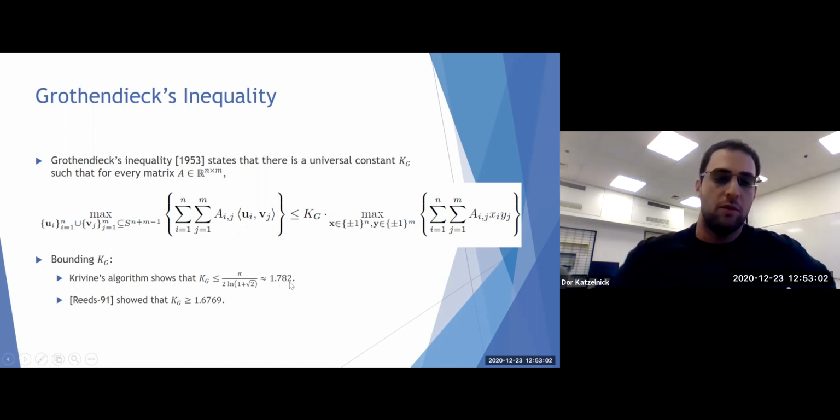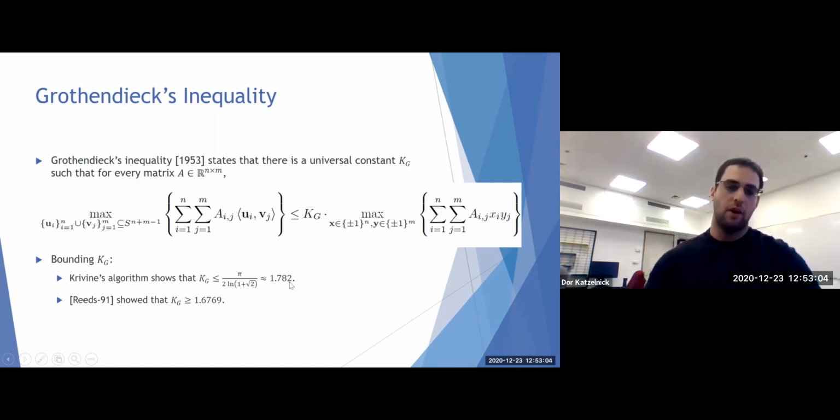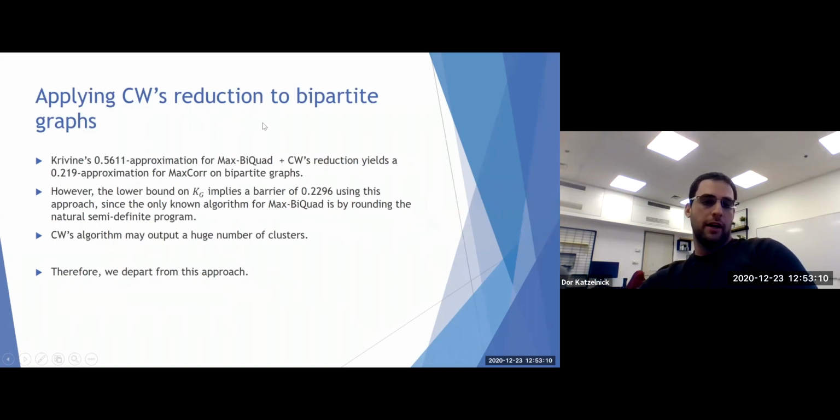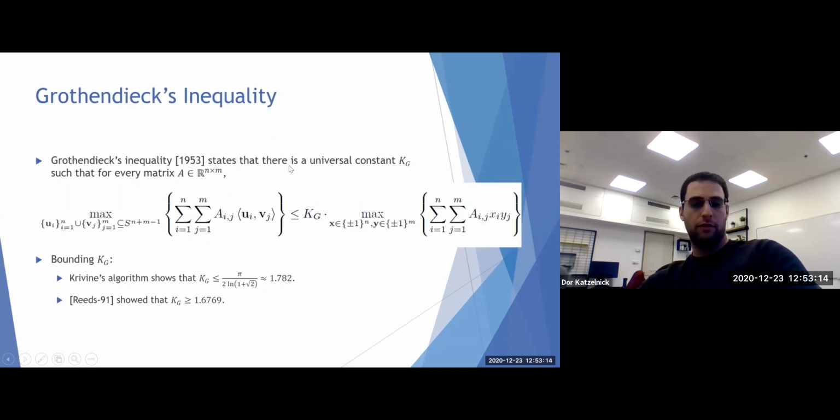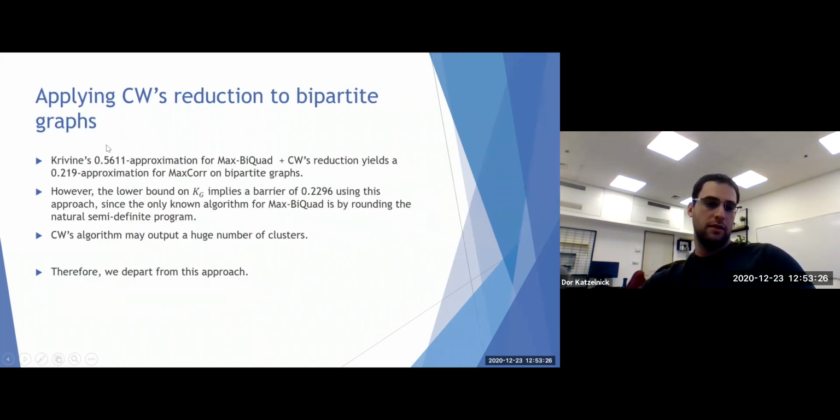Okay, so let's see what we can do with this rounding algorithm for our problem, for max score. We can take Krivine's algorithm. Krivine showed that this constant is at most 1.782, and this basically gives us an alpha approximation where alpha is roughly 0.561.